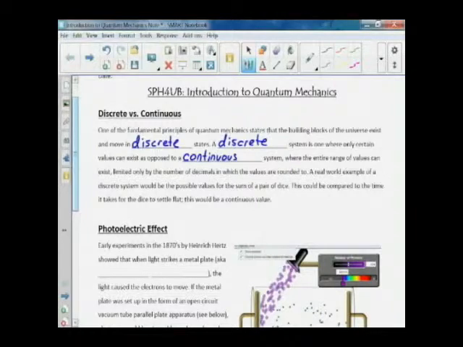A real-world example of a discrete system is the number of cars on a highway. When you roll the dice, you're not going to randomly get 1.25, hopefully. Anything that has a counting or whole number integer value is a discrete system, as opposed to time. When you measure time, you're only limited by the accuracy of the stopwatch. That would be a continuous system.